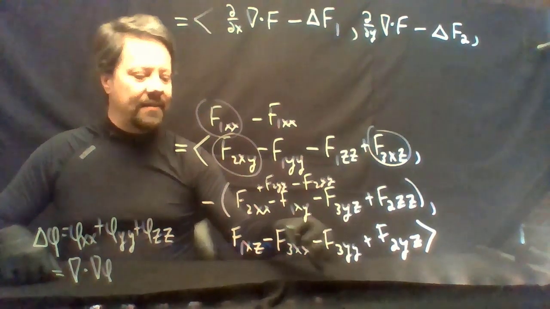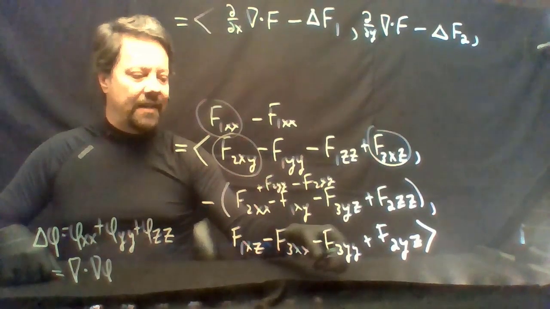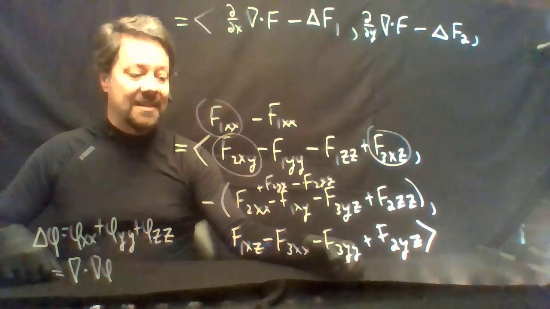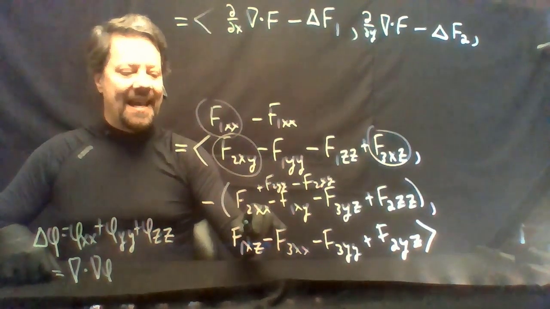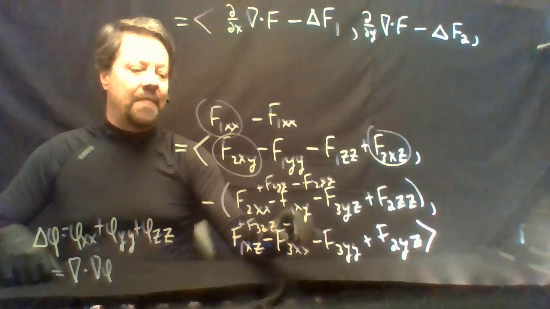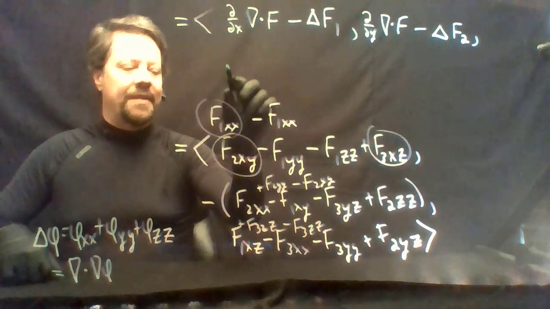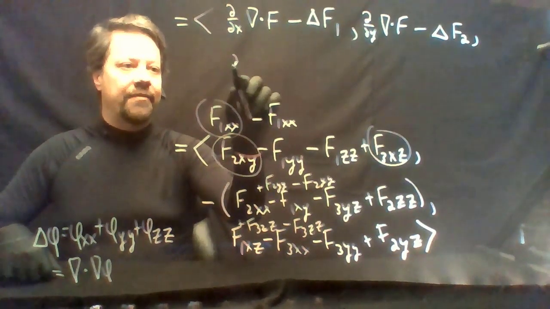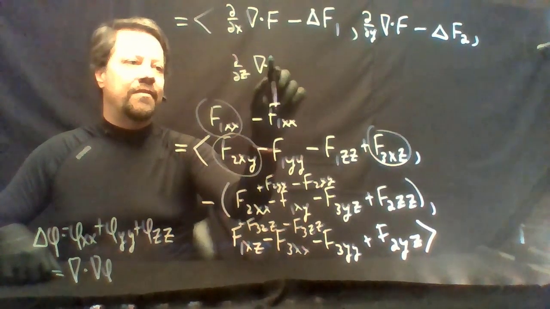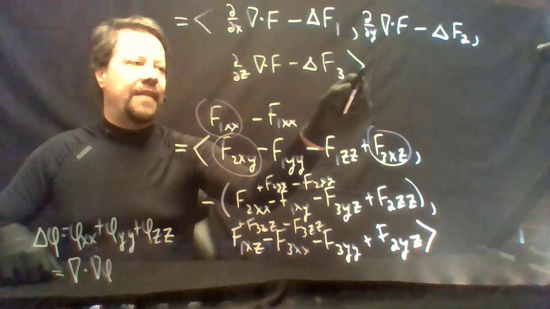In the last coordinate, we have the minus f3xx, and we also have a minus f3yy. What's missing is the minus f3zz. If we add the f3zz and minus f3zz, we end up in that last coordinate having a derivative with respect to z on everything that remains. We get the divergence of f minus the Laplacian of f3.